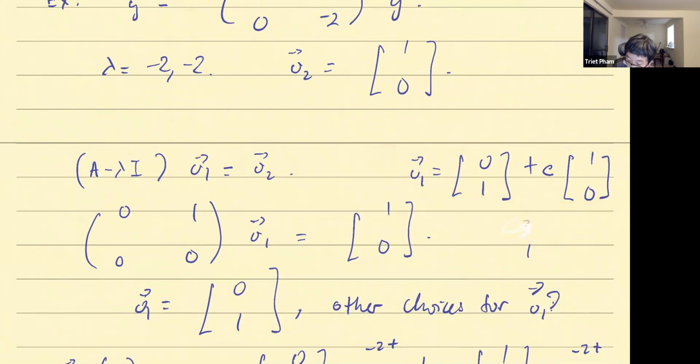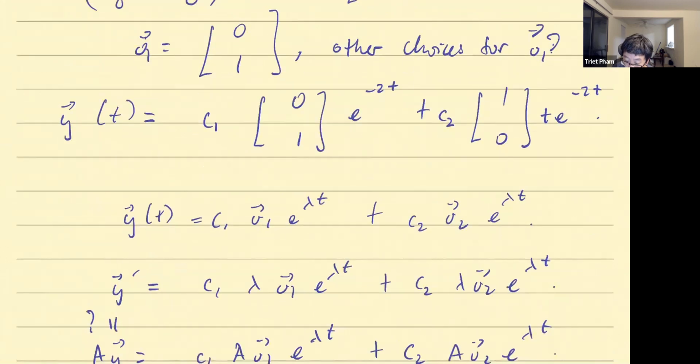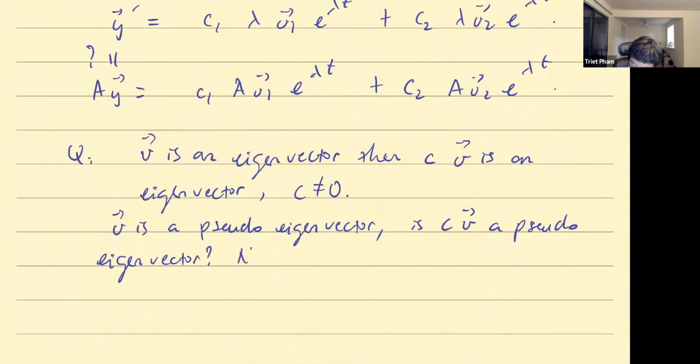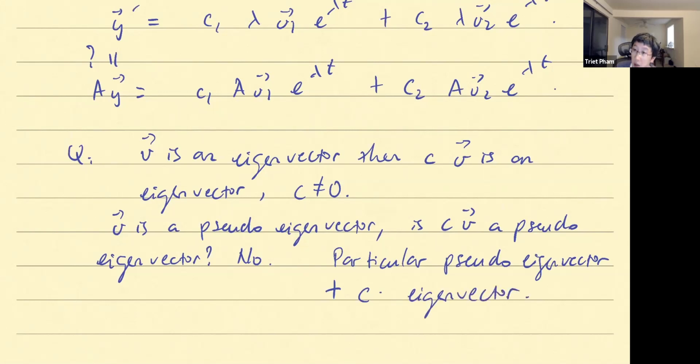So do remember that the pseudo eigenvector solves a non-homogeneous problem. So no. But in general, the pseudo eigenvector has a structure that is a particular solution, a particular pseudo eigenvector, which is all you need anyway. So what your friend may come up with is another choice that is a constant times the eigenvector that you obtained from before.